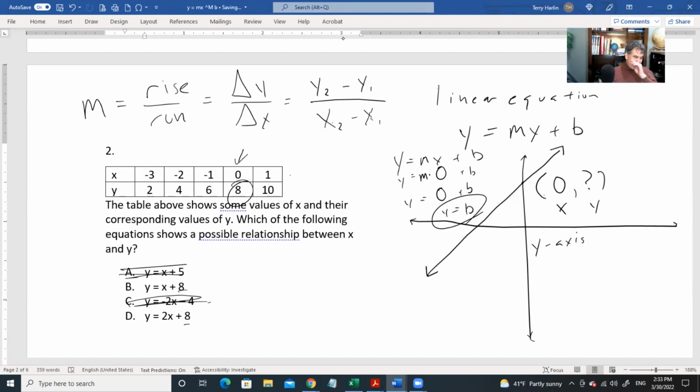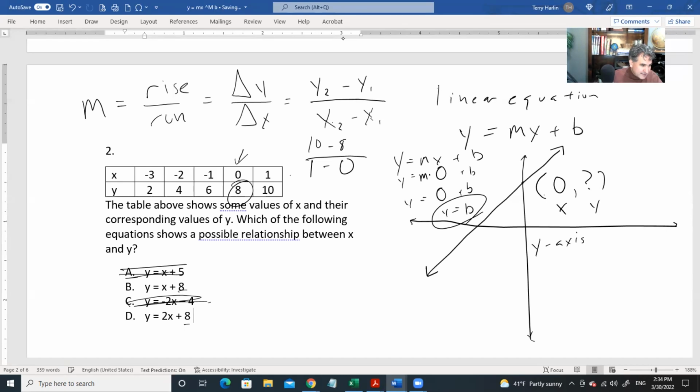So now which should I choose? Well, since I have 0 here, that makes it easy to go from 1 to 0, and it makes it very easy. I could do this in my head, but I'm still going to write it out here for you. 1 minus 0, we know that's going to equal 1, and then on the top we've got the corresponding y, which is 10, and the corresponding y here, which is 8.